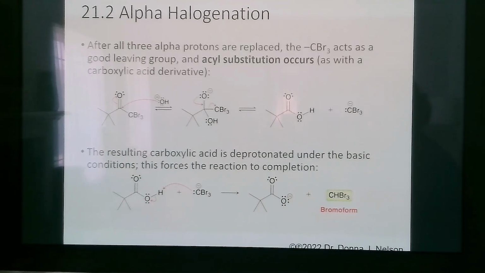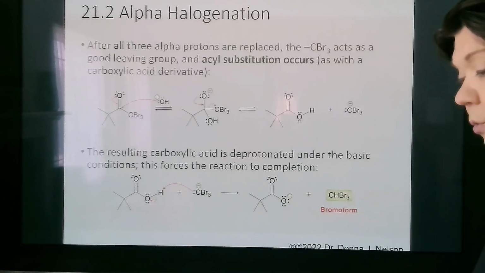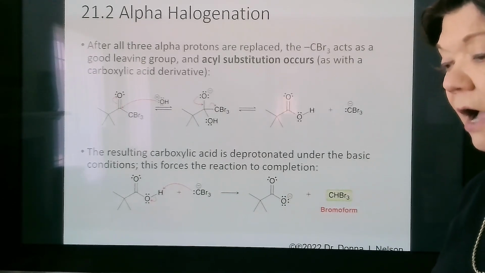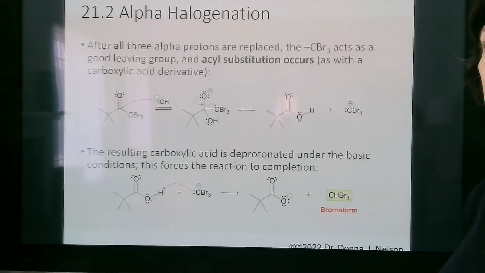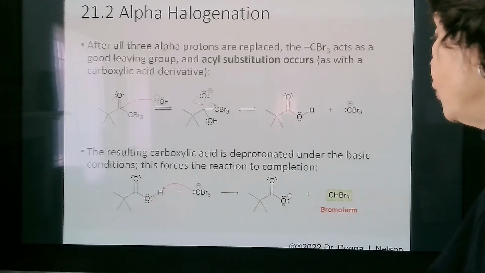And so it becomes a reaction that enables one to identify whether one has a methyl ketone present in their molecule. And so it's good for determining structure identification.